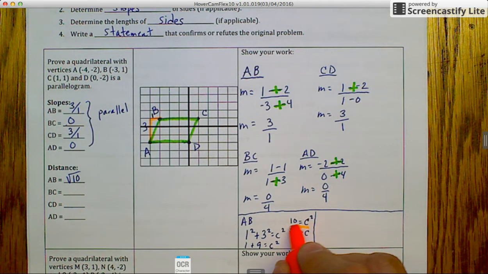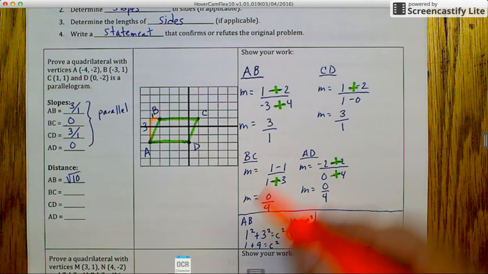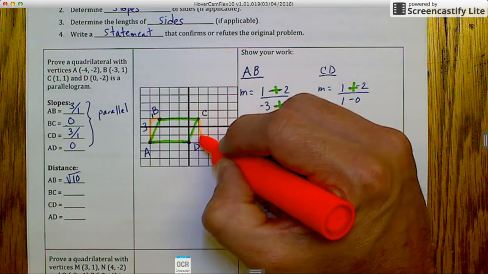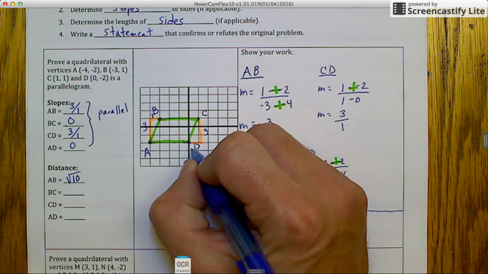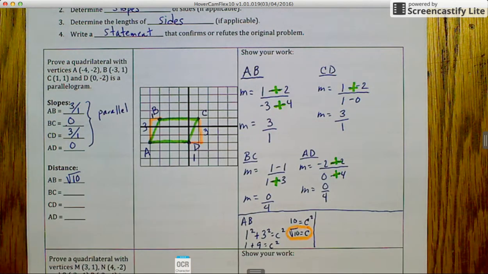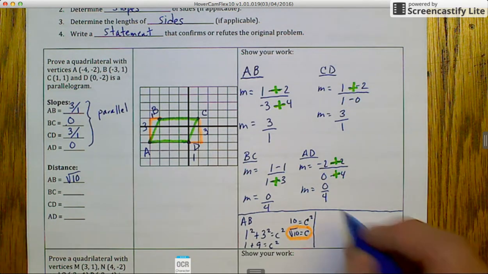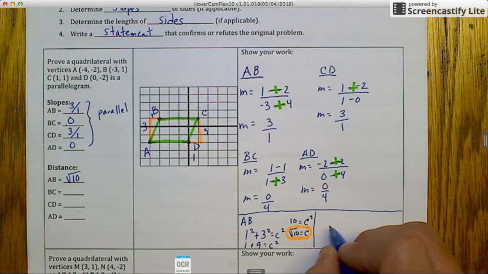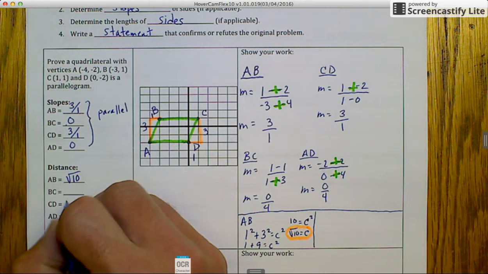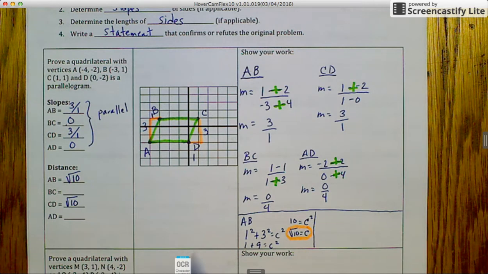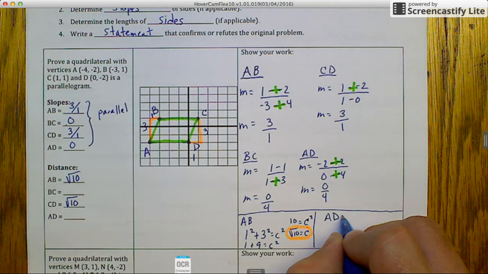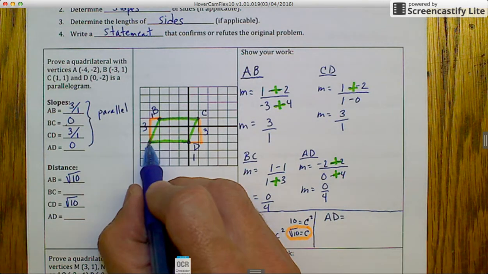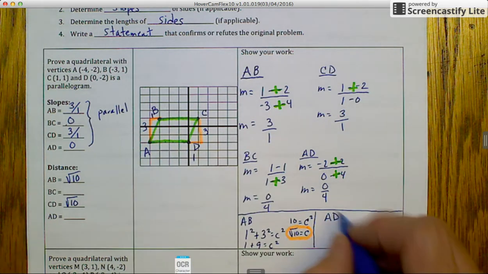So here my AB distance would be the square root of 10. Okay, I'll put that in orange highlighter. I'll come over here and I'll notice that CD is going to have the same measurements. 3 units and 1 unit. I'll write it down here. So for CD, since they have the same units, 3 squared plus 1 squared, it's going to get the exact same measurement. So I'm going to go square root of 10. For AD, I'm going to see from AD 1, 2, 3, 4 units across.